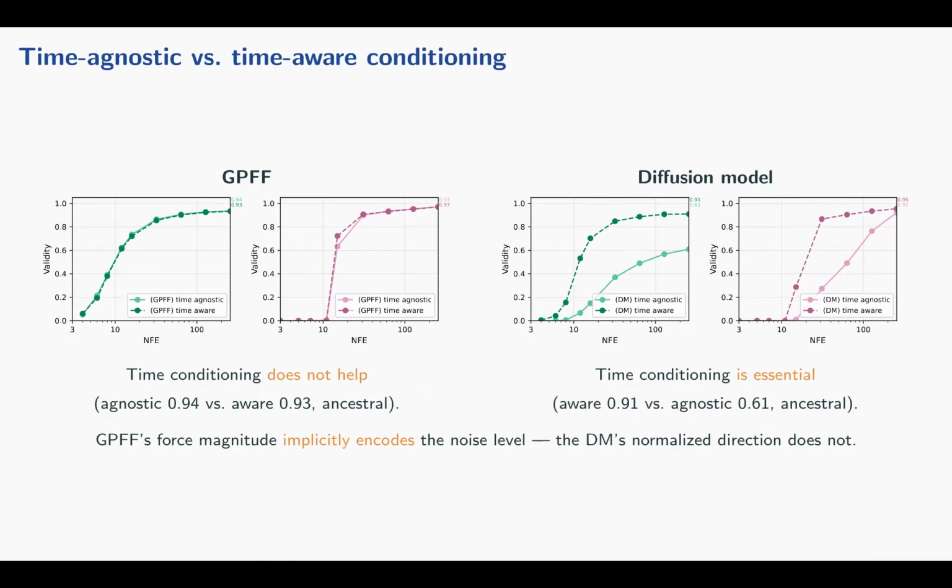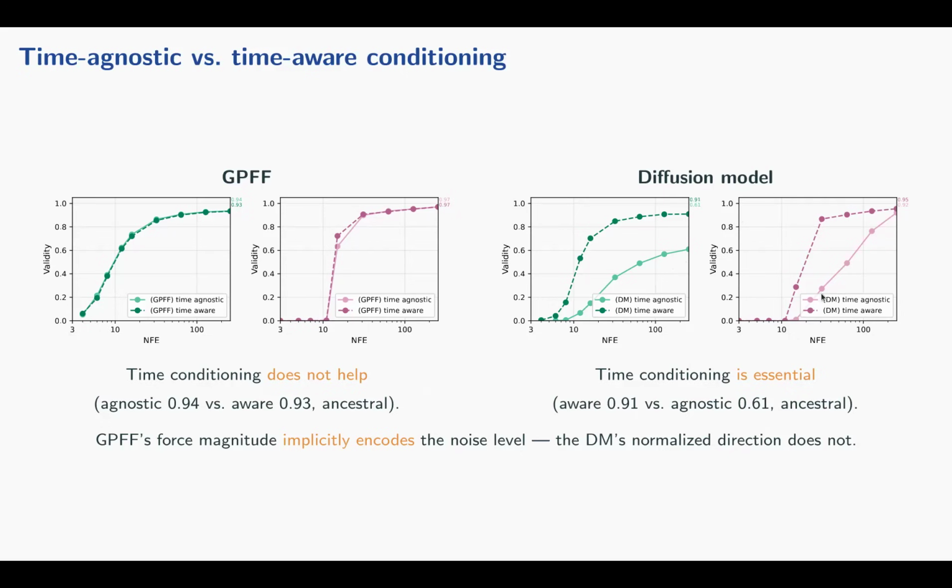And if we remove the time step conditioning from the diffusion model, we can see that the performance drops significantly. On the left side, we have this ancestral sampling generation, and we only get like 60% validity instead of 91.